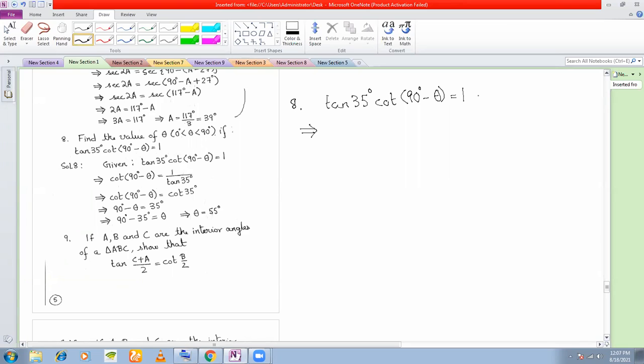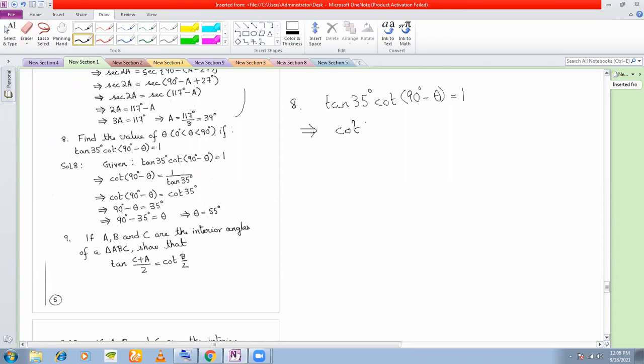Now if you see on the right hand side, we have 1. Now what I have done here, if you see in the solved one, is I have taken 1 by tan 35, right? And then I have converted this to cot. And then I have equated, because on both sides now I have cot. Now I can equate the angles, right? This is what I have done. You can do it the other way. Let's try it the other way also.